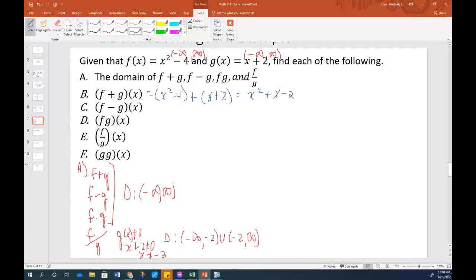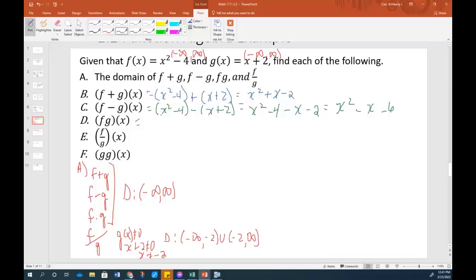All right. f minus g of x, which means I have x squared minus 4 minus x plus 2. This one, though, the x squared minus 4 stays like it is, but I need to distribute the negative, so that becomes minus x, minus 2 more. Combine those like terms, x squared minus x minus 6.